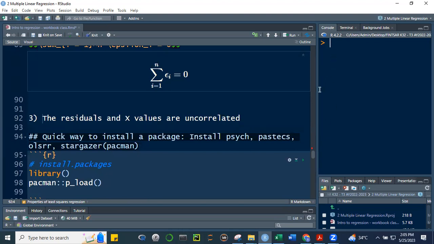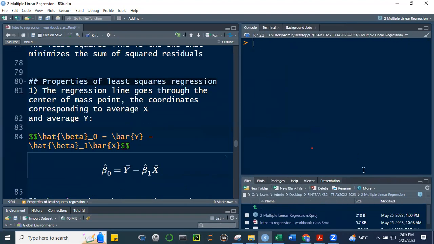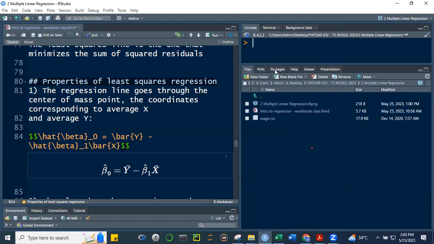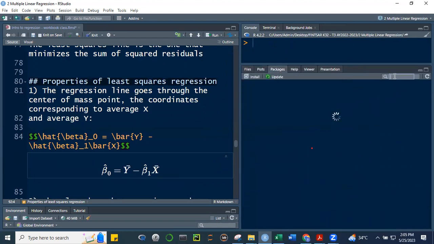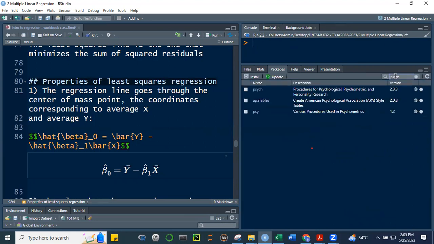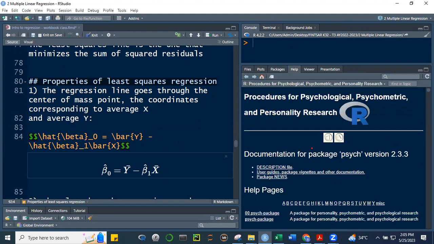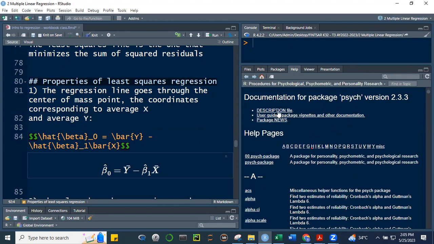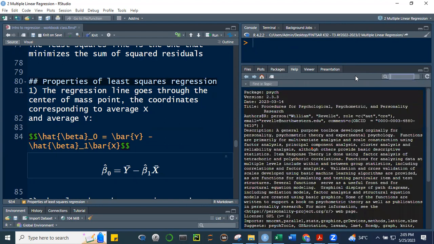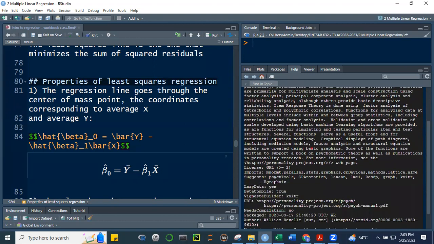Say, kunyari, yung psych, ano ba yung ginagawa ng psych? Okay, tingnan nyo. So we go to packages. Let's have examples of packages that are very important as far as regression is concerned. Ito, tingnan nyo. Psych: procedures for psychological, psychometric, and personality research.